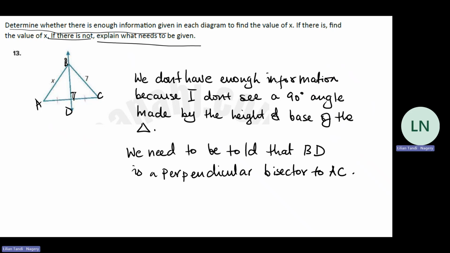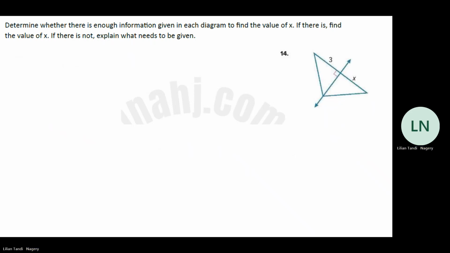Okay, so that's how you answer that. Okay, do you have enough information? Yes. Why not? Because there's 90 degrees, so you have enough information. We cannot assume.